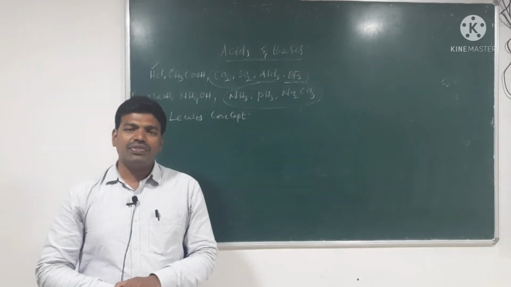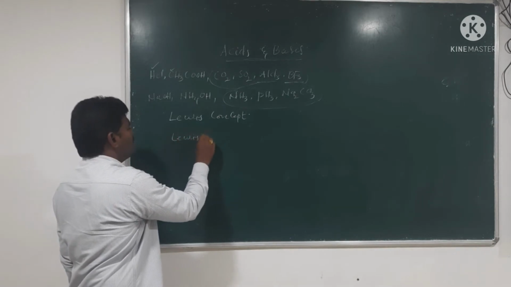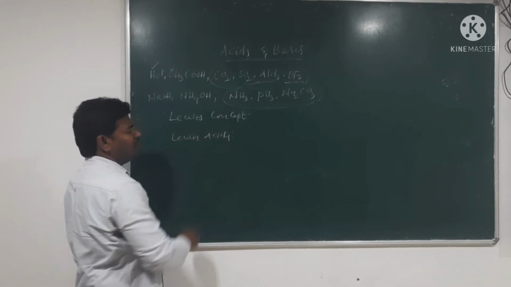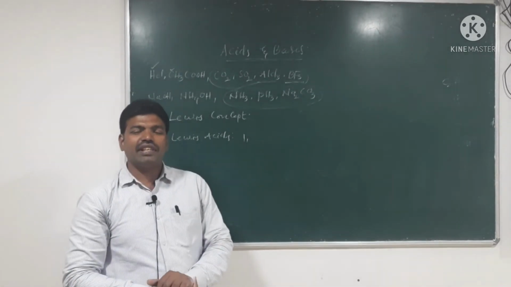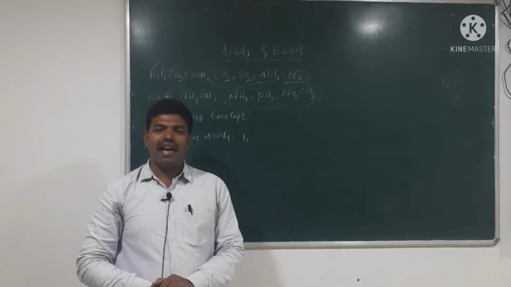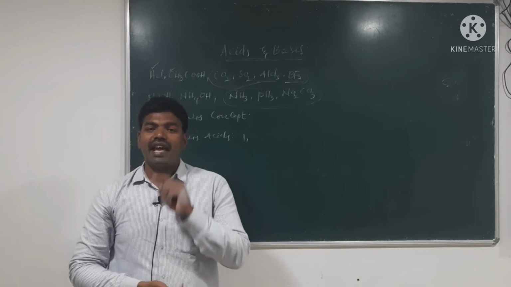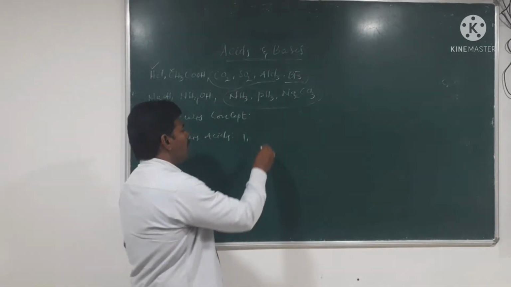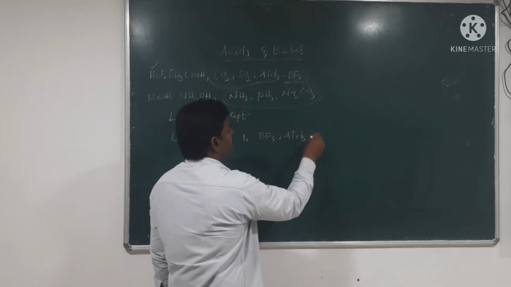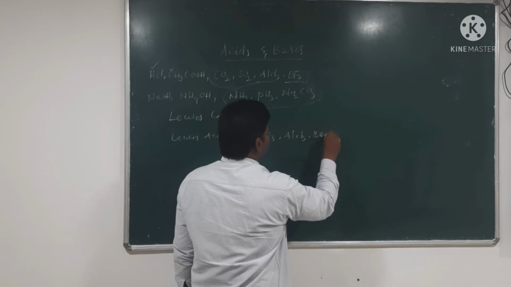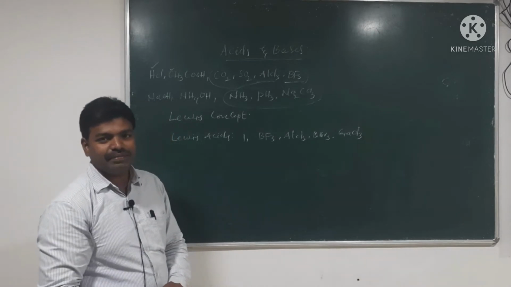Examples for Lewis acids: compounds in which the central atom has an incomplete octet can act as Lewis acids, for example BF3, AlCl3, BBr3, and gallium chloride GaCl3.